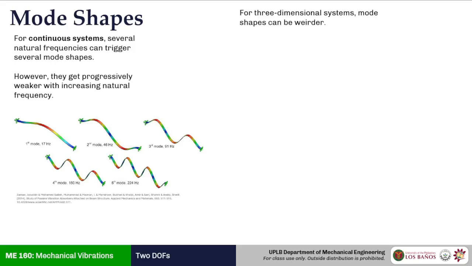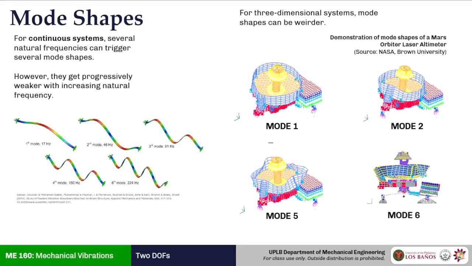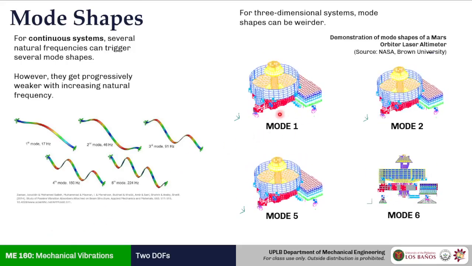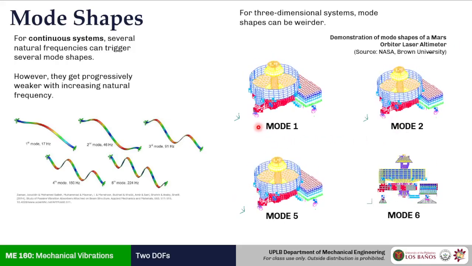That concept is important when it comes to three-dimensional complex assemblies, like this altimeter attachment to the satellite that we've seen before. So we have several different modes. Again, these are exaggerated, so they won't actually shake like this, except maybe mode 1 and 2. But what you have to look out for is, under mode 1 and mode 2, which parts are experiencing the most amount of stress?